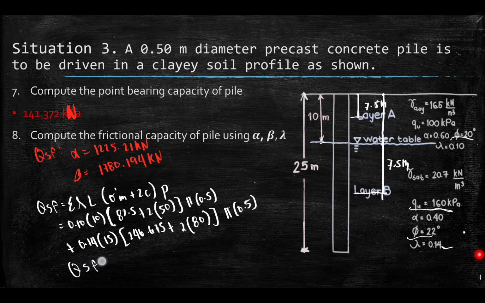So ang makukuha nyo dyan should be equal to 1628.158 kilonewton. So, check nyo na lang kung tama yung mga na-input kong datas or results, or yung mga na-solve natin, computation.